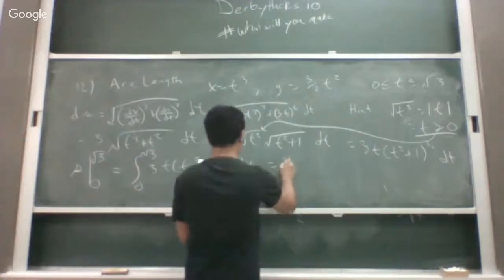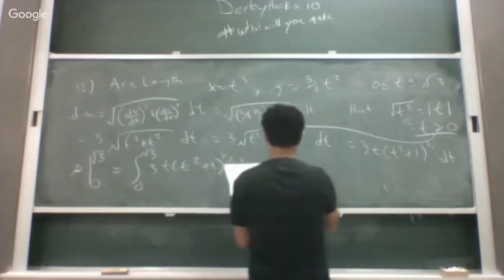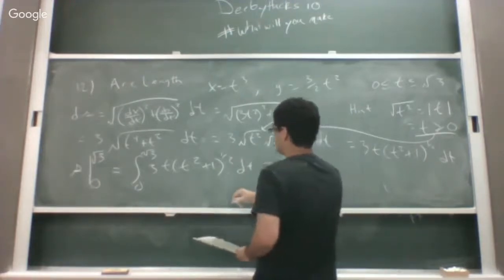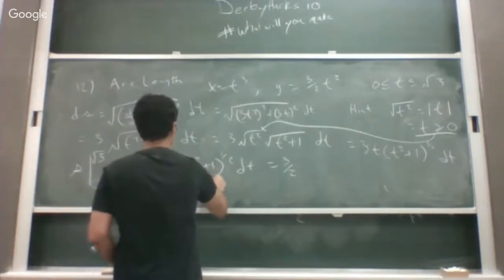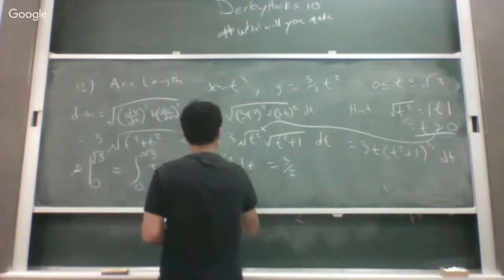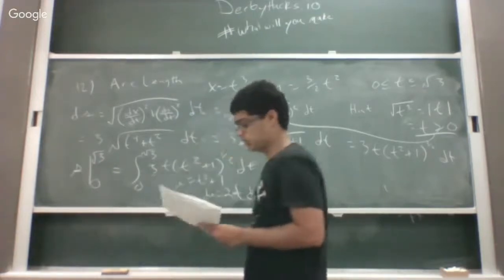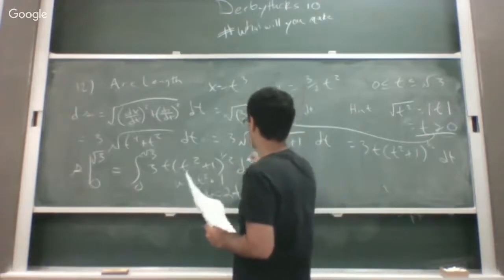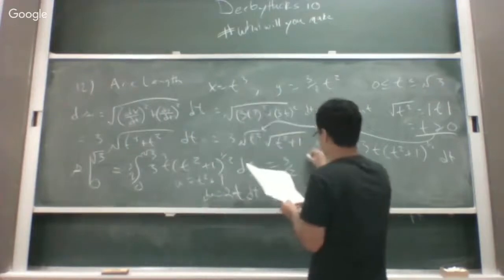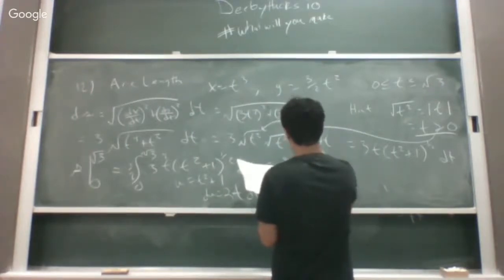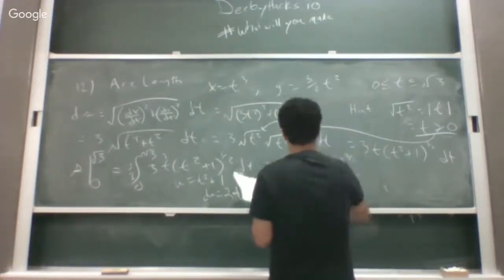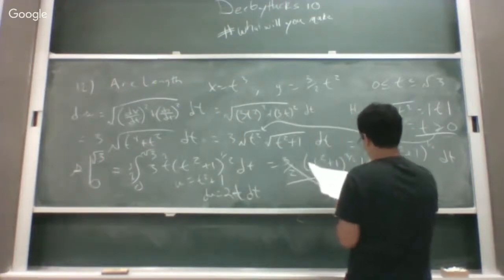So that's equal to 3/2 times, you have to distribute it. But here u is equal to t squared plus 1, du is equal to 2t dt, correct? So then we have to multiply by a 2 on the inside and 1/2 on the outside, so we have 3/2 on the outside, times u to the 3/2 over 3/2, so it's t squared plus 1 to the 3/2 divided by 3/2, going from 0 to the square root of 3.